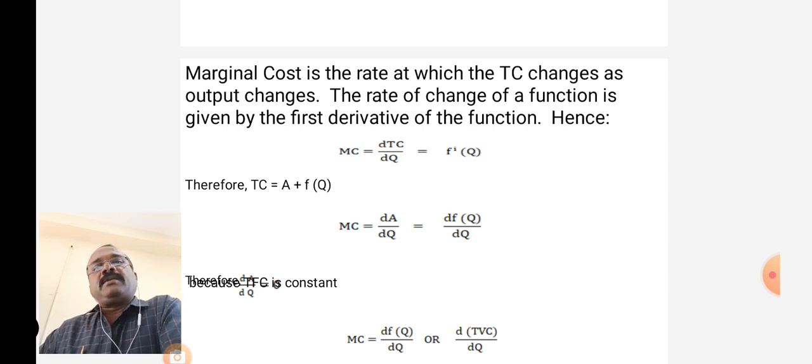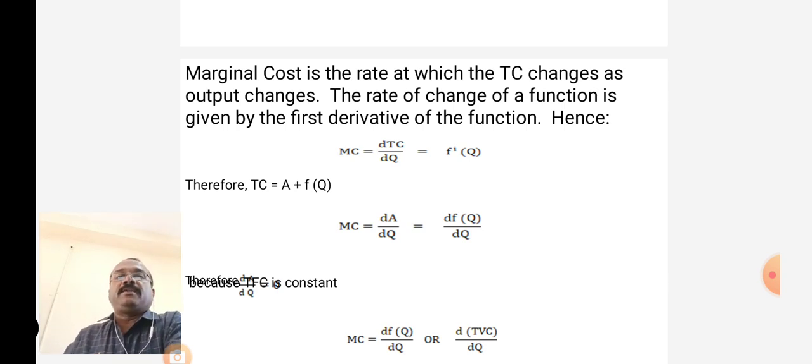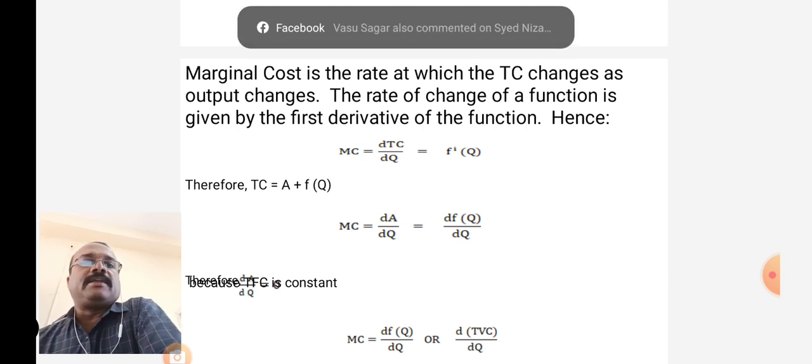But in marginal cost, the rate of change under total cost and output is given by derivatives. That is MC, marginal cost, equals df of q divided by dq, or d TVC divided by dq.